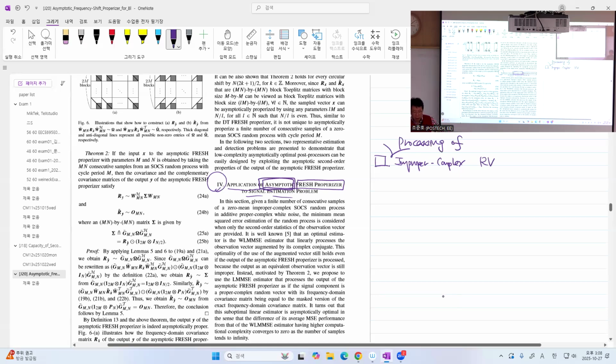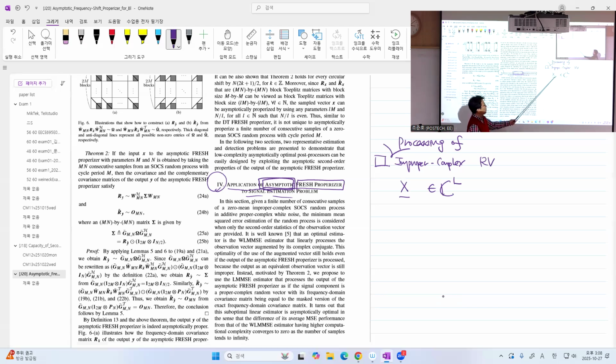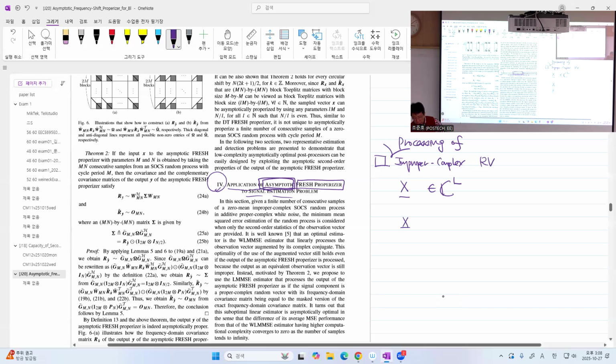So suppose now we have a random vector x, and this is an abuse of notation, but forgive me. Suppose we have a length L complex improper random vector, not a random process at all. Then people have developed this idea.